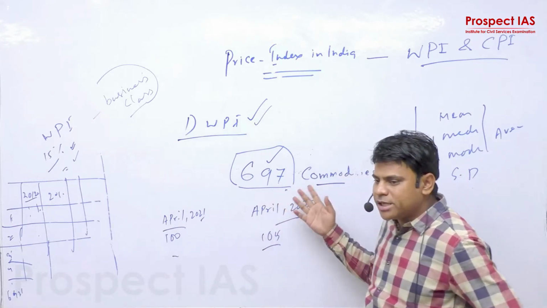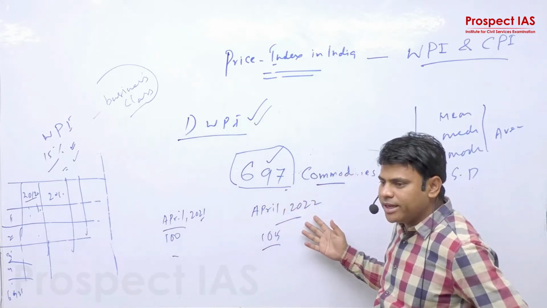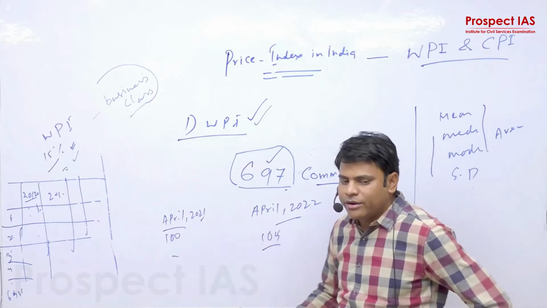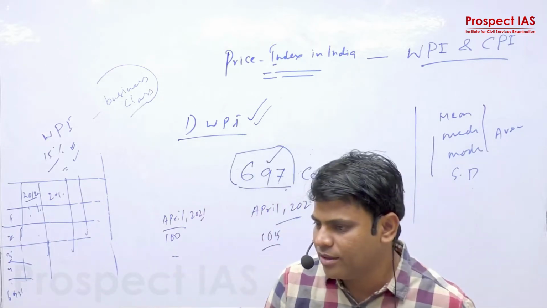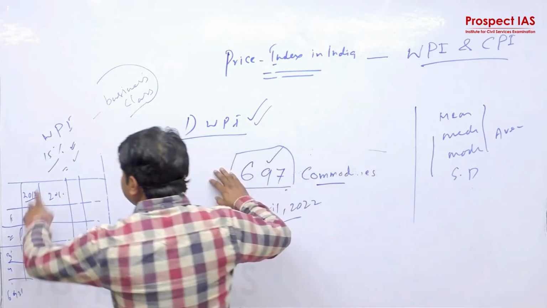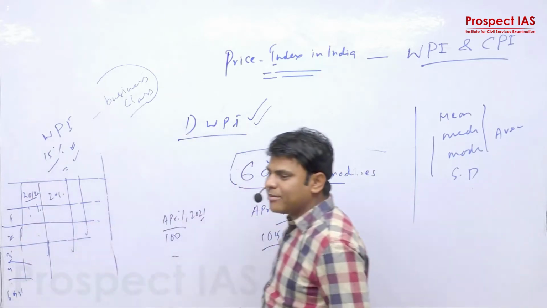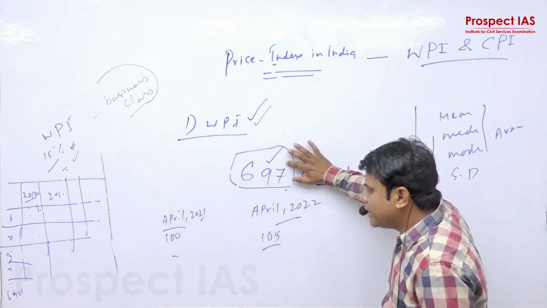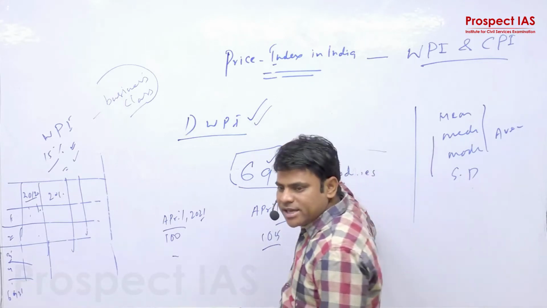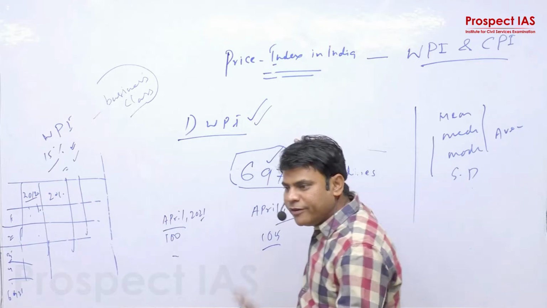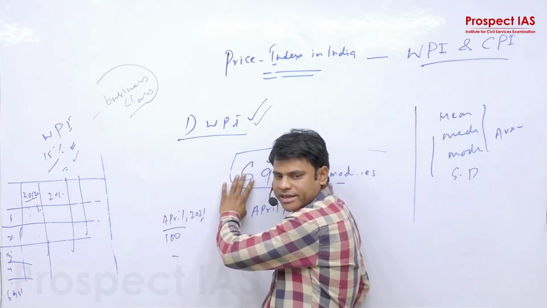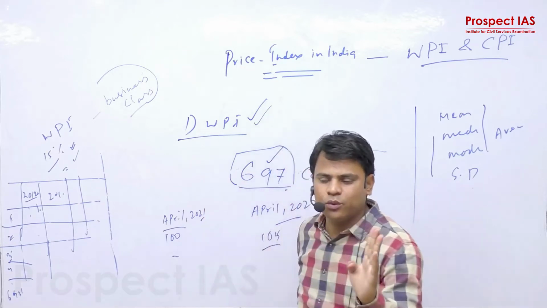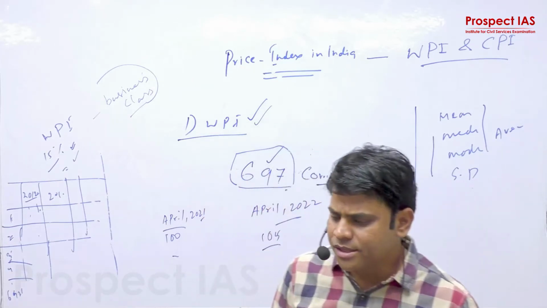We'll find out the average price of 697 commodities and then compare, so that we can find out the rate of inflation or deflation prevailing in the economy. Right now, WPI based inflation is 15%. What does that mean? That means the average price of these 697 commodities has increased by 15% over the last 1 year. This is the first point.